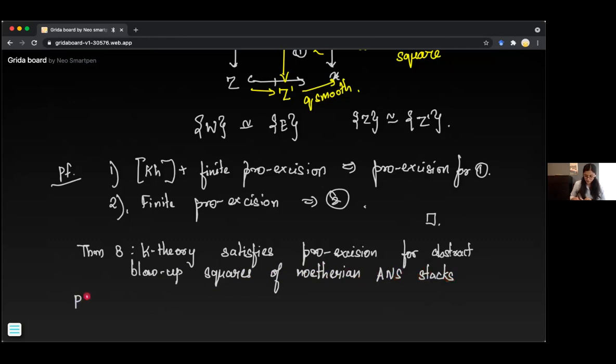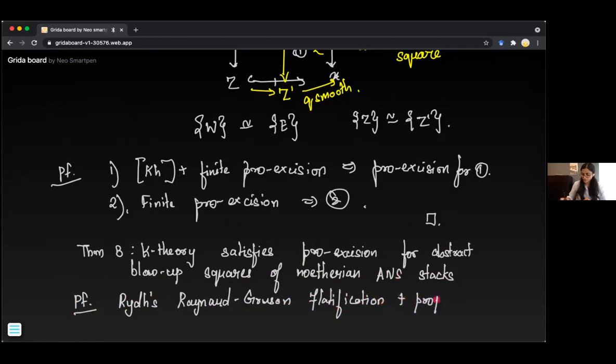And the proof is basically Raynaud-Gruson stratification for stacks plus the above proposition. Okay.